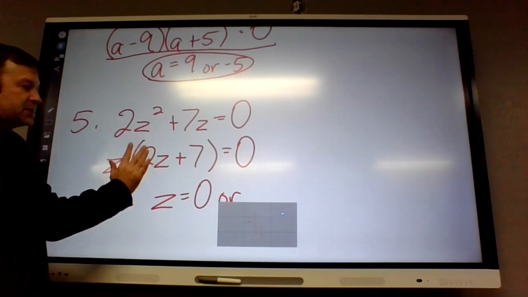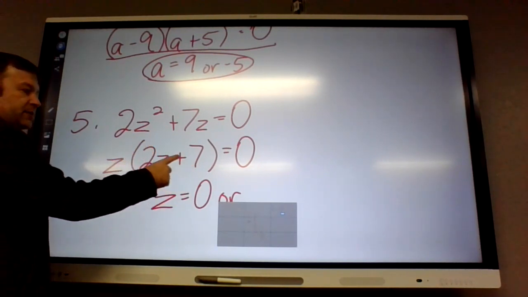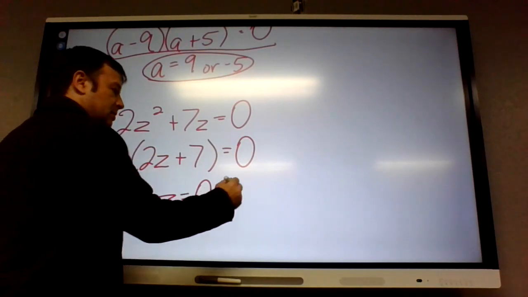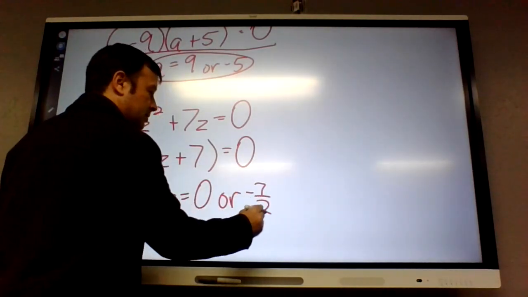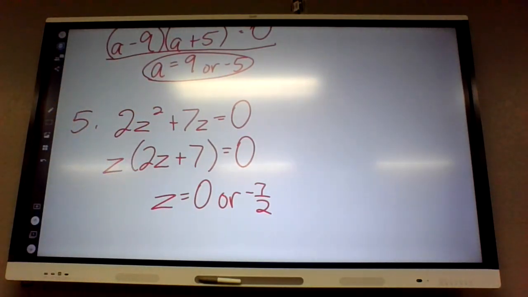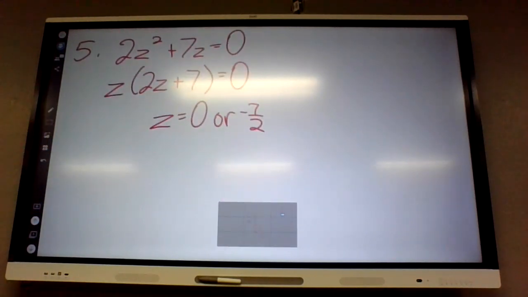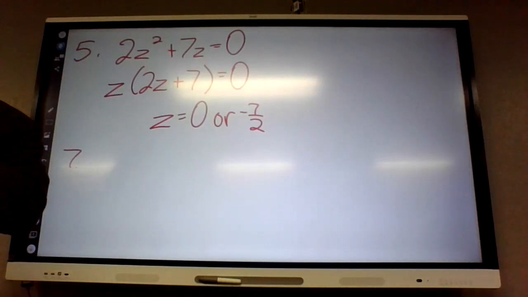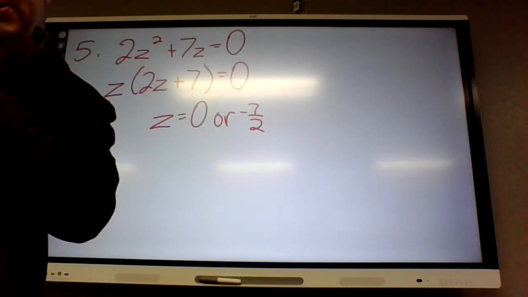Negative 7. But instead, it's negative 7 over 2. It would also be negative 2.5. That is the same thing as, yes, negative 7 over 2.